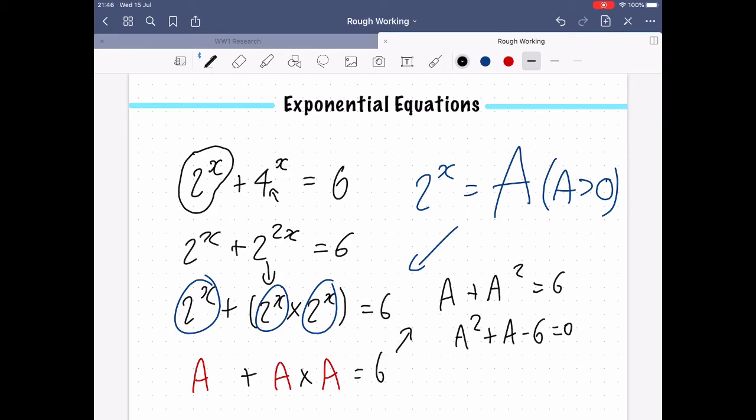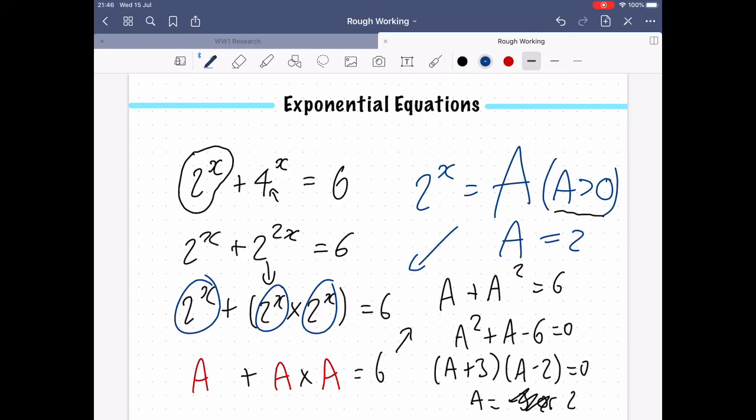We take away 6 from both sides, and here we just have our classic quadratic equation. So we simplify this, and we get A is -3 or 2, so we have two values for A. But remember, we said that A has to be greater than 0, so we can just disregard the -3, and what do we have? A equals 2.